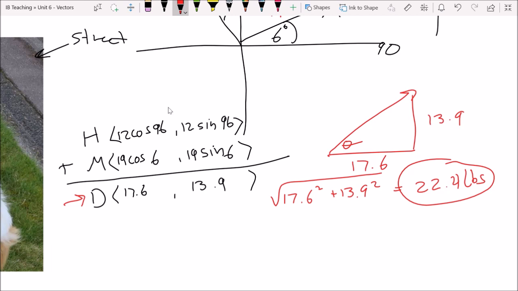We're also going to find the direction angle now, and we're going to use tangent to do it. So tan inverse of the y value over the x value, 13.9 over 17.6. Let's see what we get. I'm typing it in. Tan inverse 13.9 over 17.6, and we get 38.3.